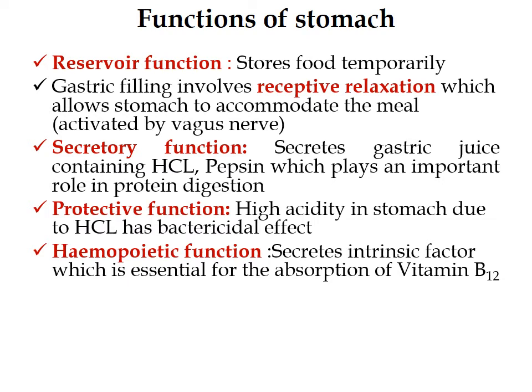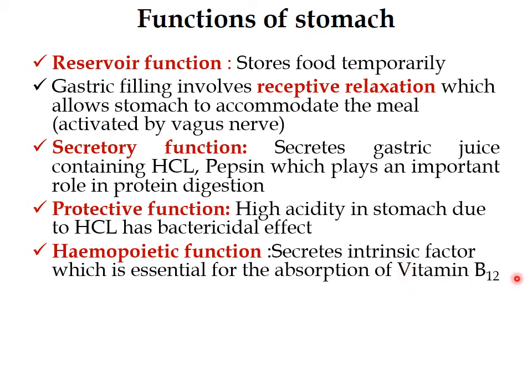Hemopoietic function. It secretes intrinsic factor, which is essential for the absorption of vitamin B12. This is again a very, very important point. When we discussed the formation of red blood cells in erythropoiesis, we discussed that erythropoiesis requires nutritional factors. One of the important nutritional factors is vitamin B12, right?